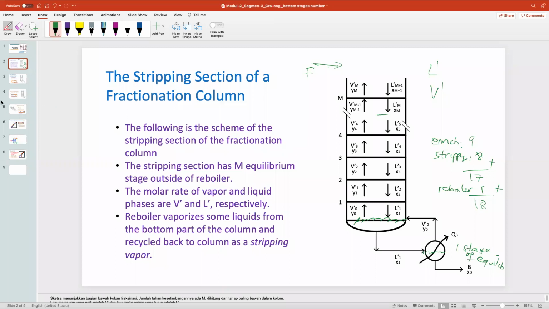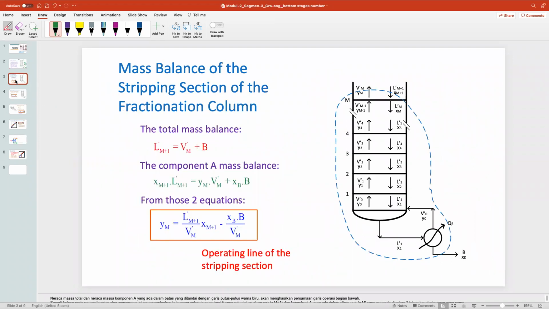No, not yet. Okay, let's continue. Now go back to the mass balance of the stripping section of the fractionation column. It's quite similar to the previous one, so I'm going to be a little bit faster.